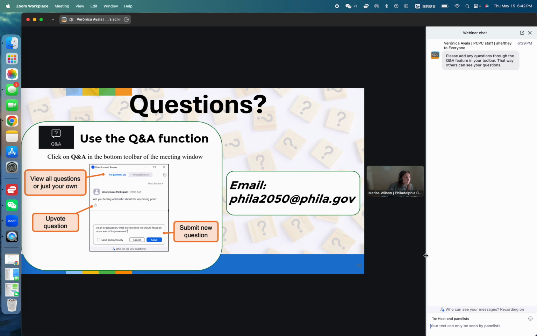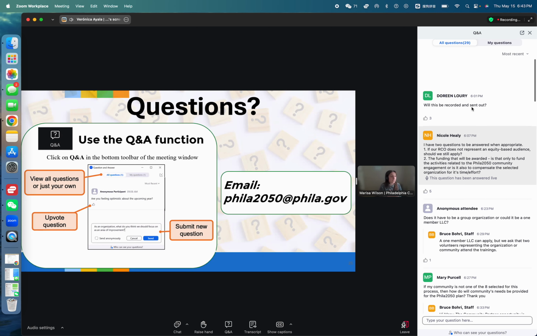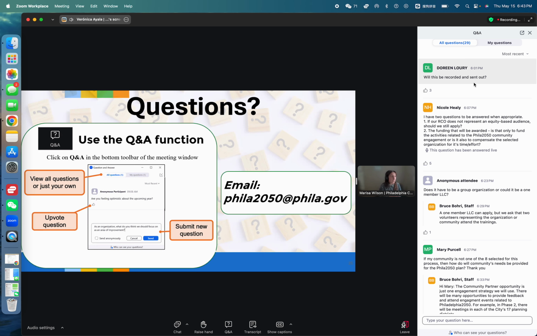I'm not quite sure if I'm going to get this answer right. I think there might be a little typo in the question, but I think the question is: is there a minimum number of people that each engagement or event needs to engage? There is not a minimum number, or an expectation of how many people you need to engage.